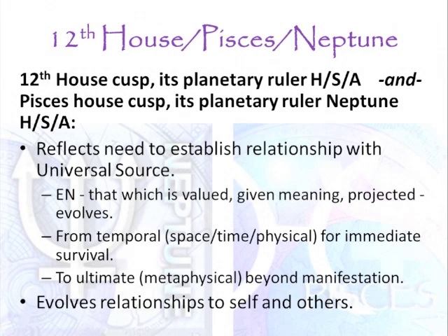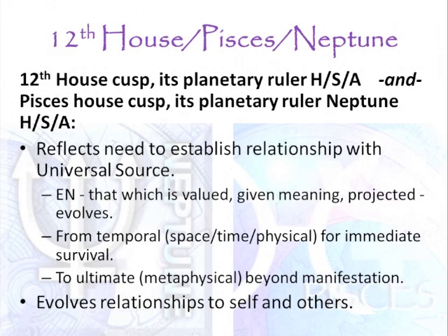So when we learn to create that relationship within ourselves with source energy directly, that which we call our essential needs, or that which we value, give meaning to in our life, project out there, evolves.